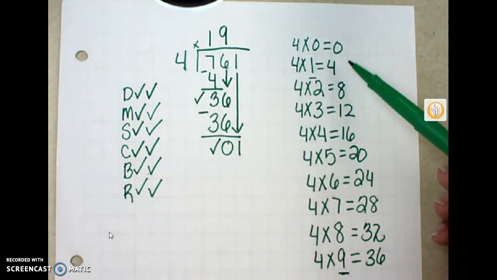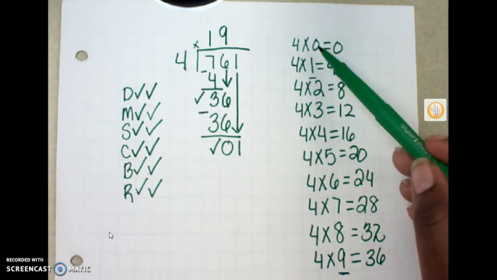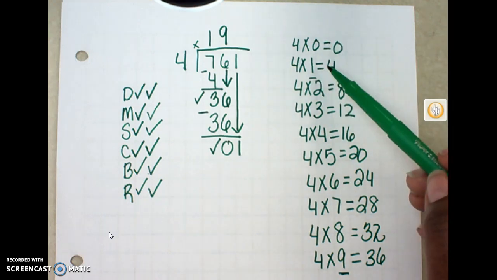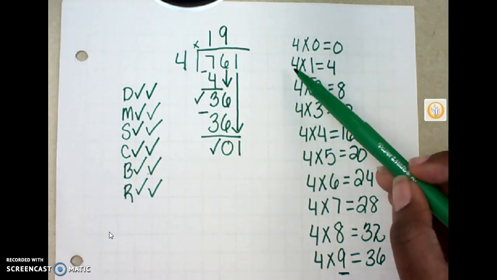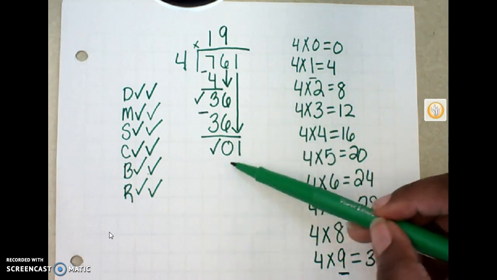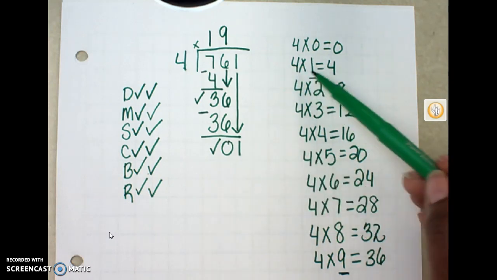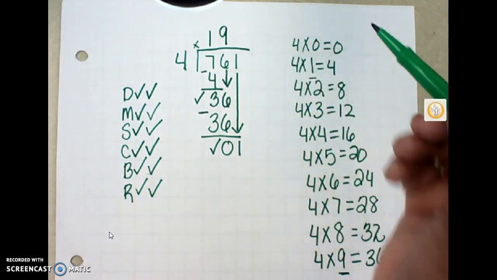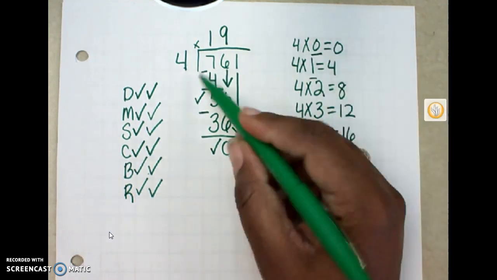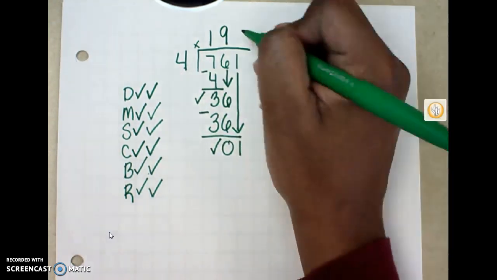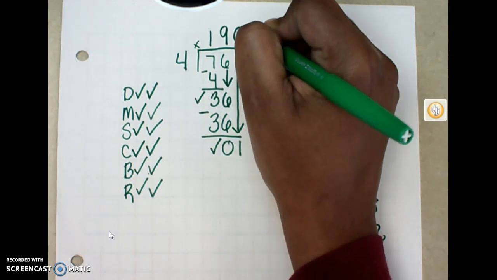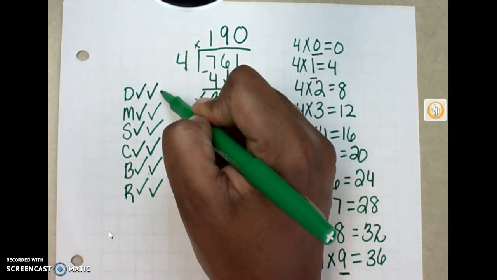Well, I would multiply by 4 until I get to 1 or pass it, and I see that up here. Well, I can't pull one group of 4 from the number 1 because one group of 4 is 4. So I could pull 0 groups of 4 out of 1, and I'm going to put that 0 at the top. I have just divided.